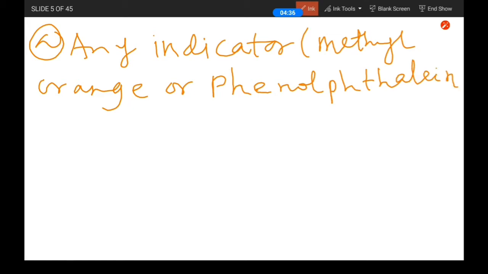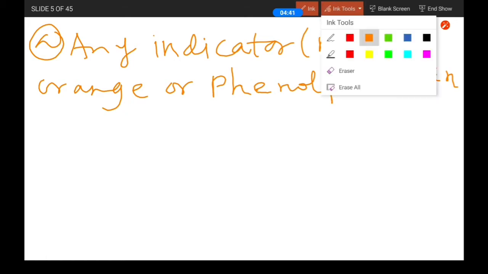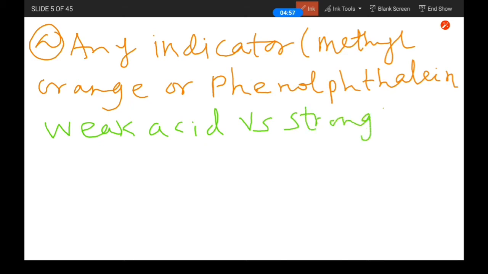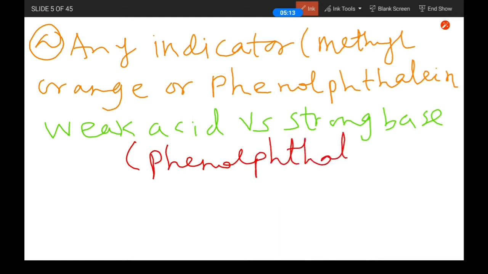Phenolphthalein can be used. Now, let me just teach you further about that. Anytime you have weak acid, please listen to this, weak acid versus strong base, in this case, you are meant to use phenolphthalein, please. So this is phenolphthalein.